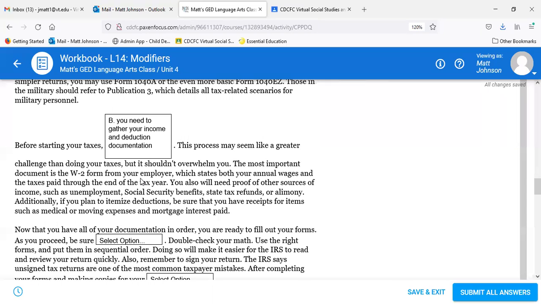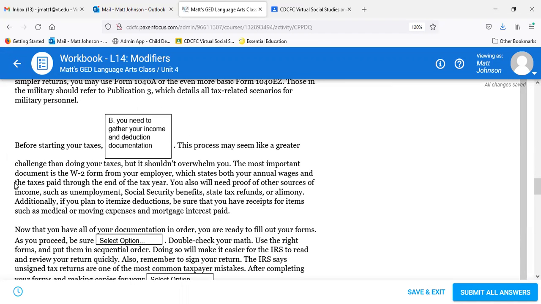The most important document is the W-2 form from your employer, which states both your annual wages and the taxes paid through the end of the tax year. You also will need proof of other sources of income, such as unemployment, Social Security benefits, state tax refunds, or alimony. Additionally, if you plan to itemize deductions, be sure that you have receipts for items such as medical or moving expenses and mortgage interest paid.